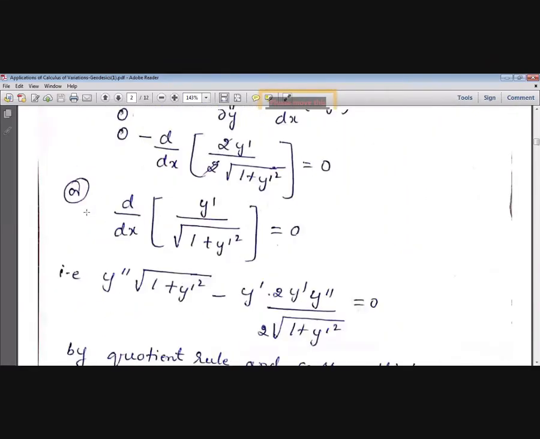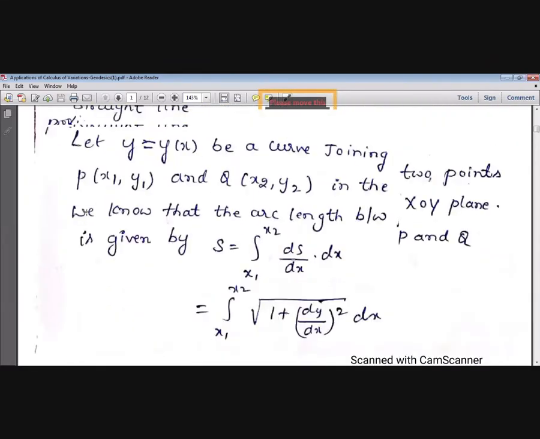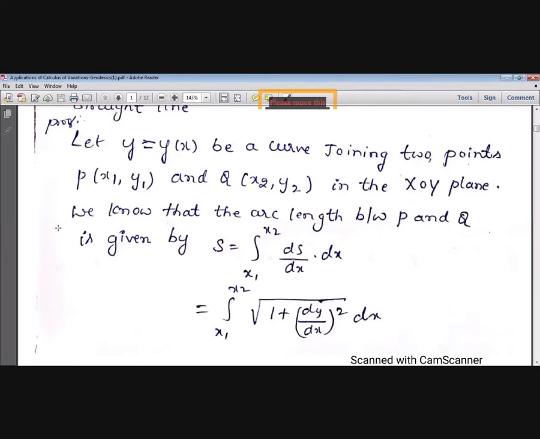Okay, this is how, if you get this one, it is very easy. The only thing is you have to remember what is ds by dx. ds by dx is this.